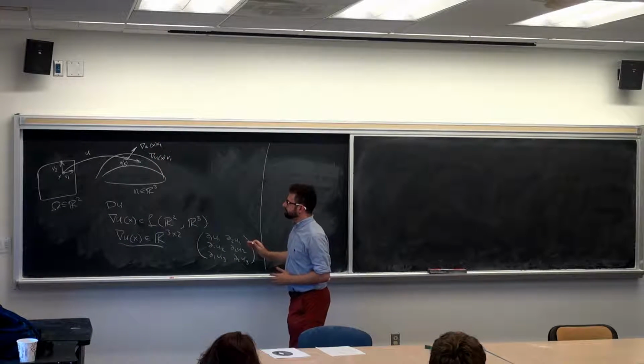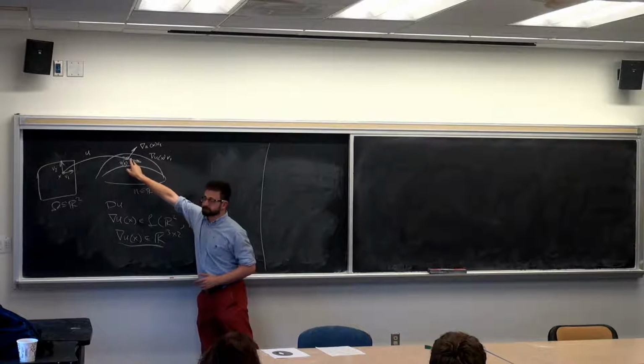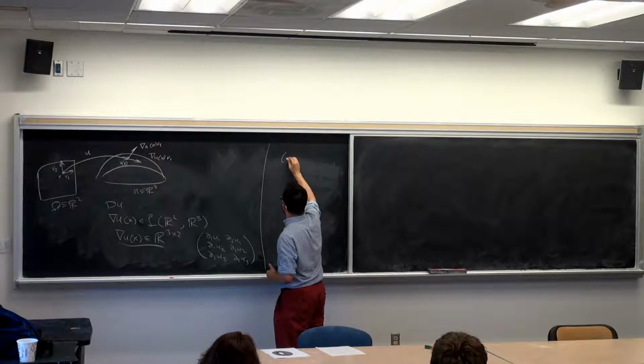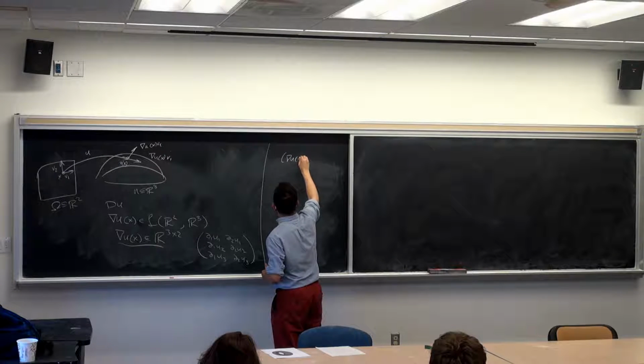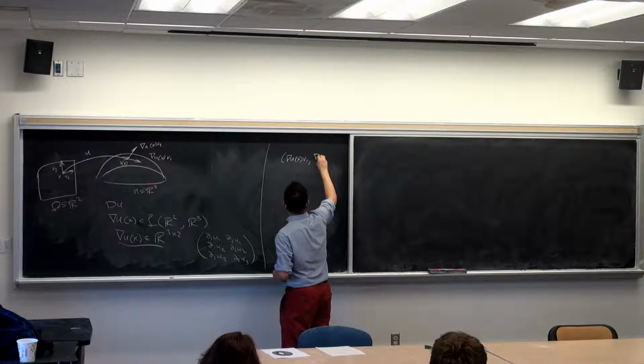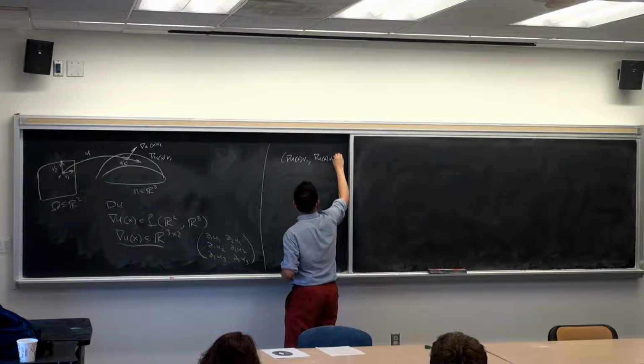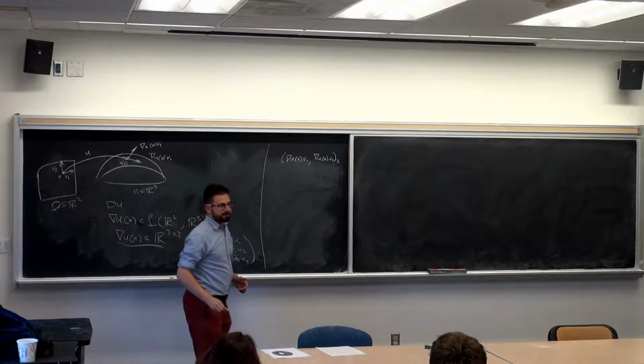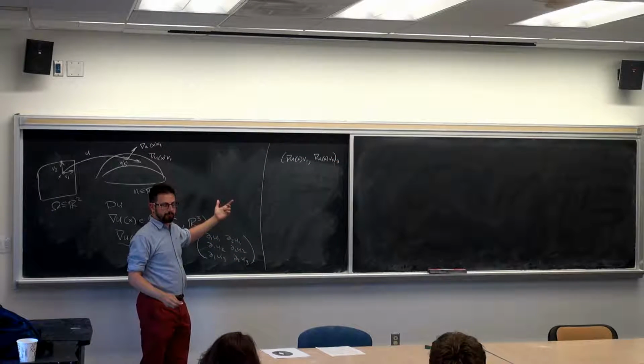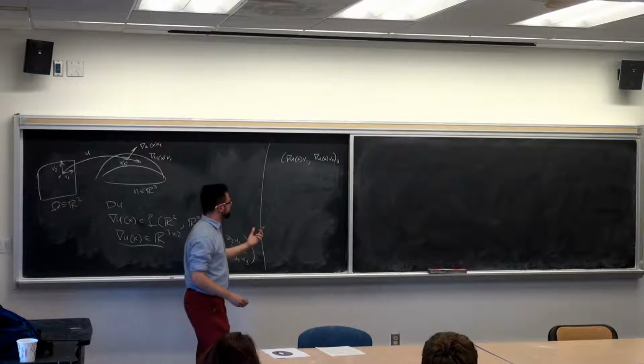And so the inner product between these two vectors can be calculated as the R3 dot product between these two vectors.